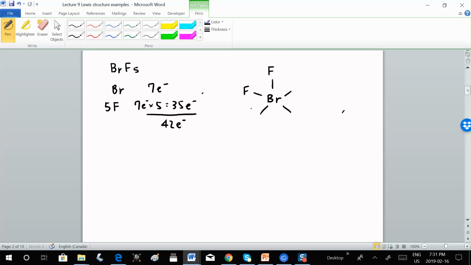We have 5 single bonds, and each single bond has 2 electrons. There are 5 of them, adding up to a total of 10 electrons. I need a total of 42. So I need 42 minus 10. So I have 32 electrons to go around the terminal atoms, in other words, fluorine first, to fulfill the octet.